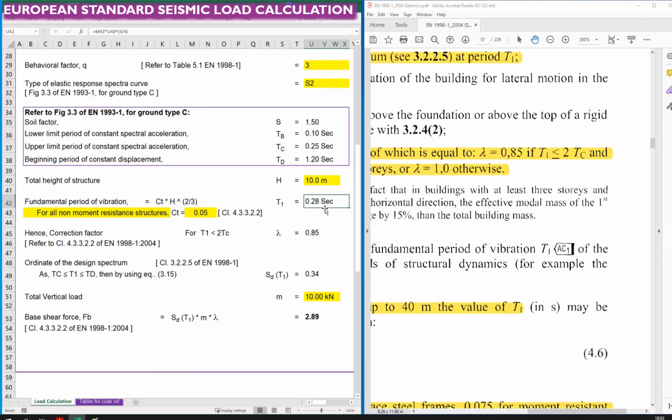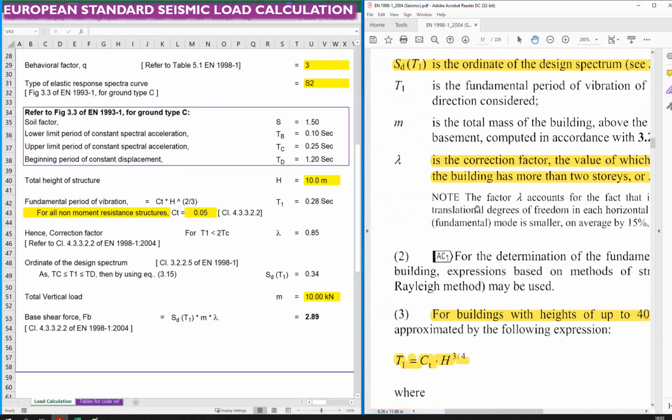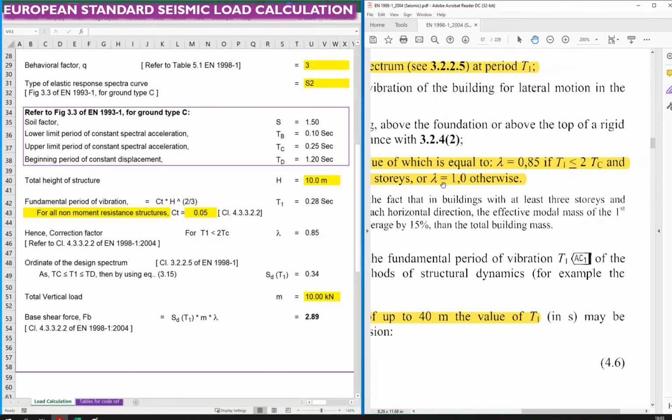Our T1 is 0.28, which is less than 0.5, that is 2 times Tc. Hence we need to consider 0.85. For other cases we can consider lambda as 1.